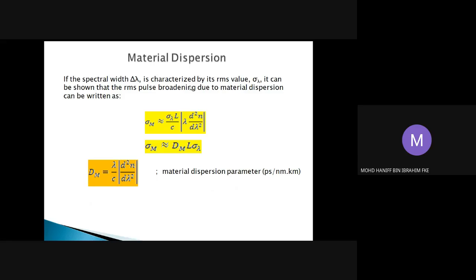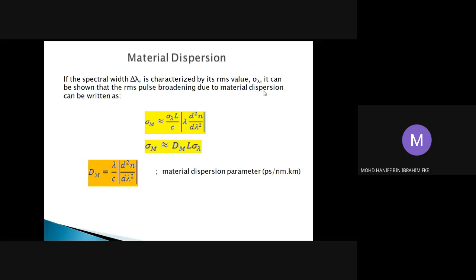The same applies here for material dispersion, where we can also obtain the RMS value of the pulse broadening by this equation, if we consider the RMS value of delta lambda to be sigma lambda.